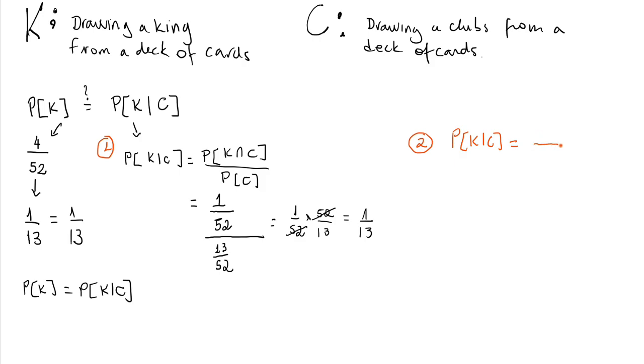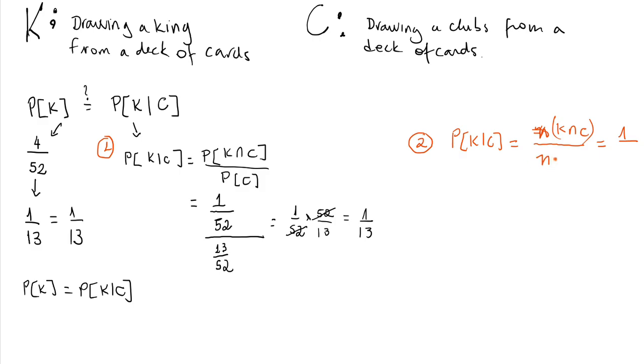So it's having a king. Let me put an N here: these are the number of outcomes that have kings and clubs. So this is the number of outcomes where I draw a king and a club. Well, there's only one king of clubs, right?